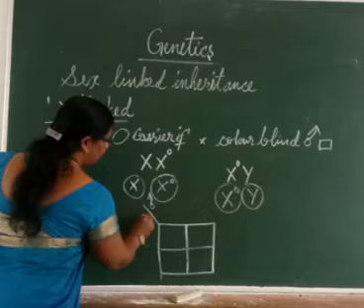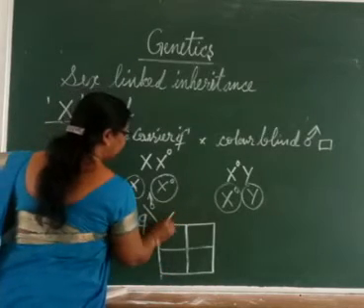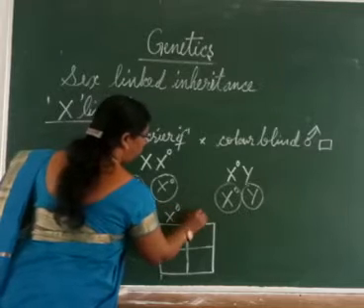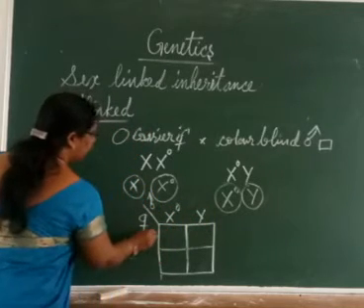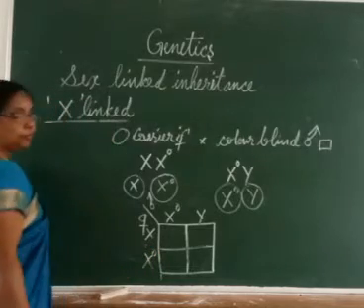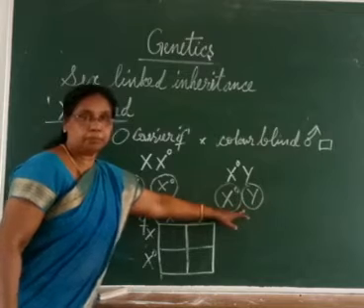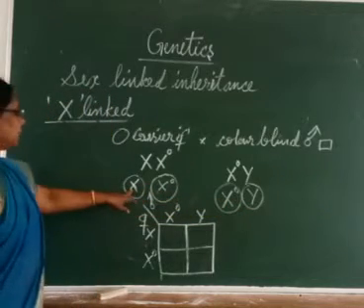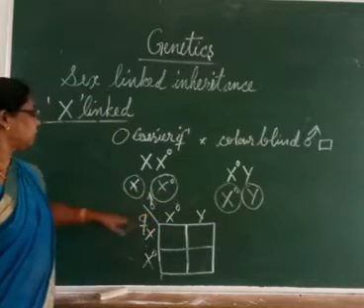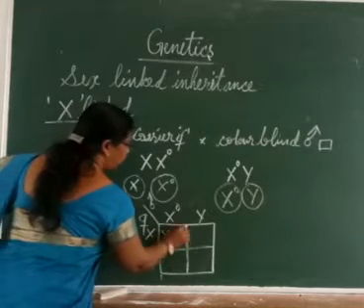This is male, this is female. So here, male, you can see X0, Y. Here X, X0. Got it? So these are the X, these are the sperm. Okay? So this X combines with this X, so here X0.